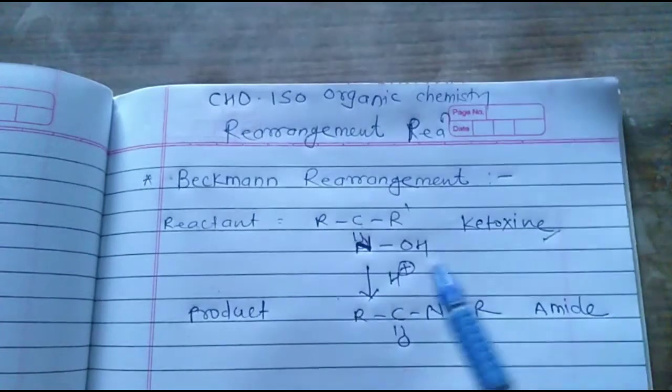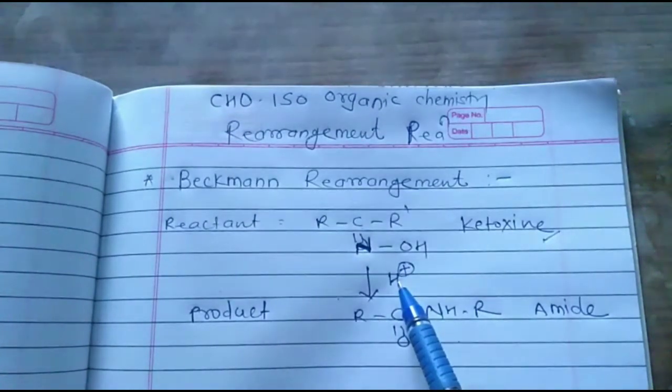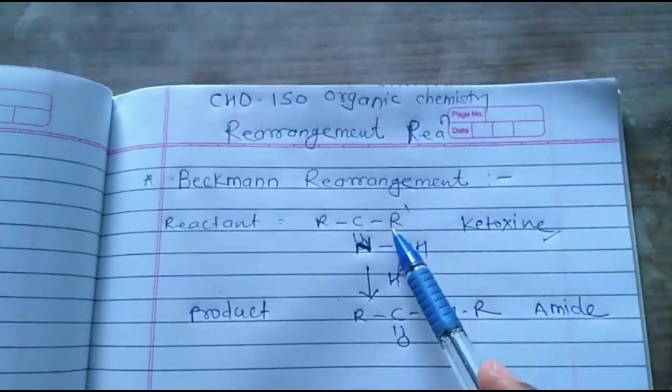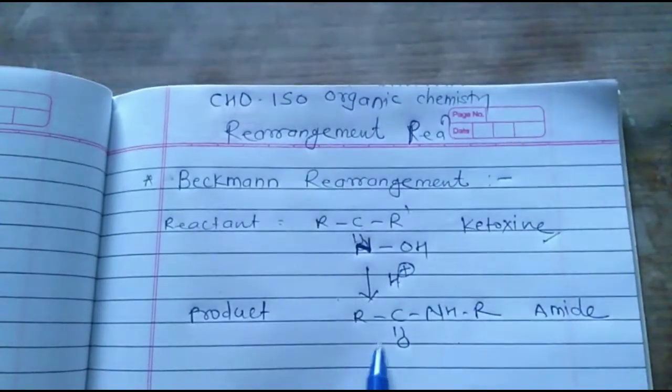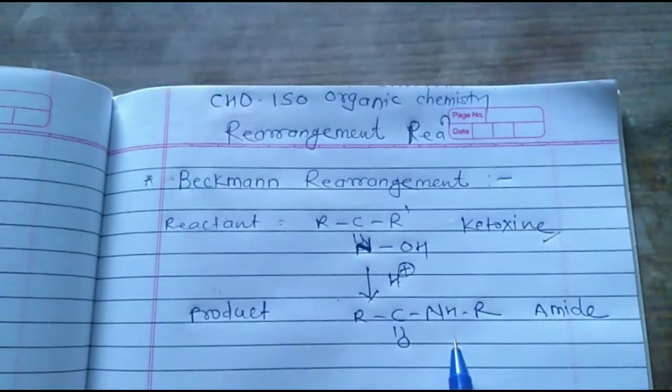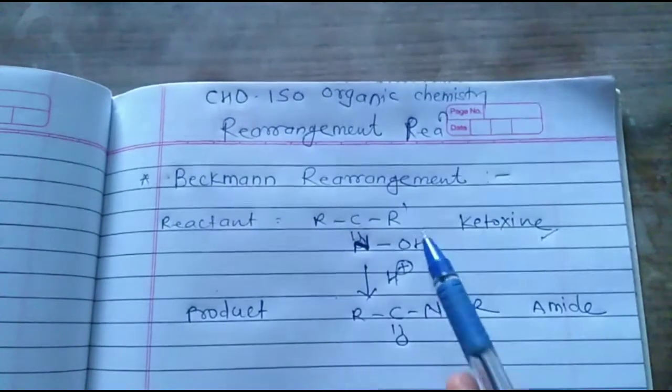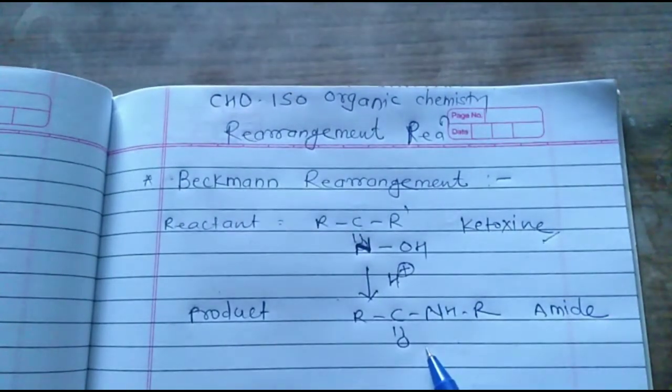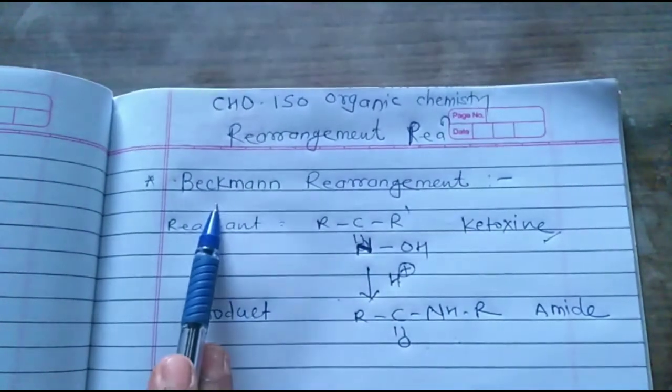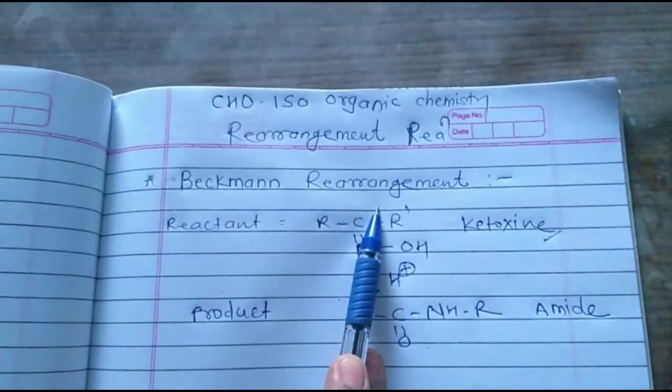The acid catalyzed conversion of ketoxime to an amide, the CONH group is called what? Amide. Conversion of ketoxime to the amide is known as the Beckmann rearrangement reaction.